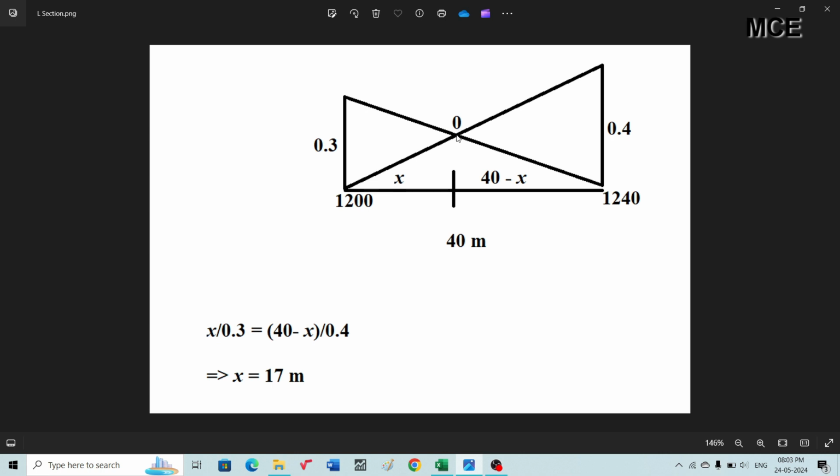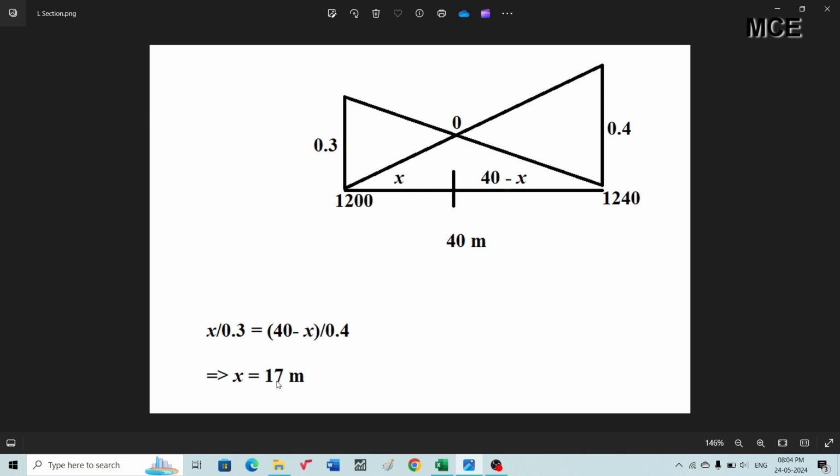Let the distance where the road changes from banking to cutting be x from station 1200. So the remaining distance will be 40 minus x, because the total is 40 meter. From the theory of similar triangles you can write x divided by 0.3 is equal to (40 minus x) divided by 0.4, and if you solve for x it will be 17 meters.